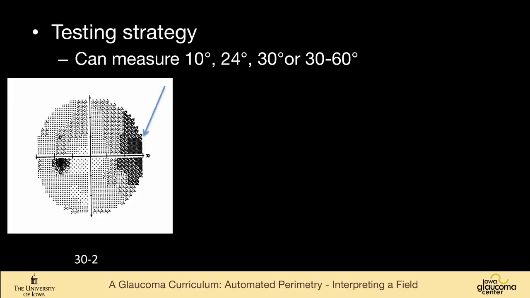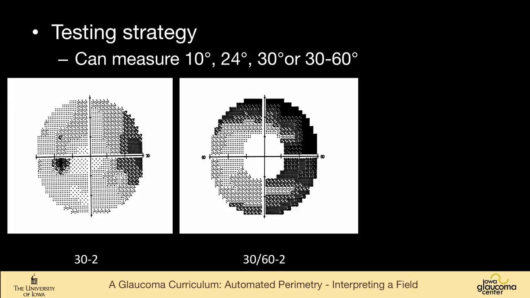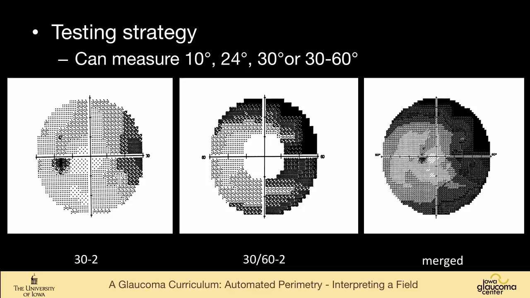If we have somebody where we're concerned about something in the periphery of the field, in our clinic we would get a Goldmann field, but if you want to look farther out, you can do a 30-60-2 exam, and then you can merge those together. The automated perimeters are not great once you get outside of 24 or 30 degrees.